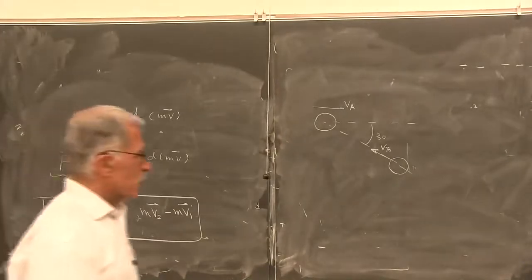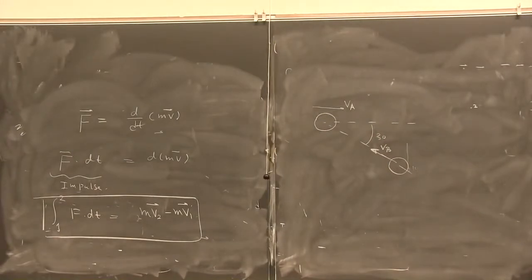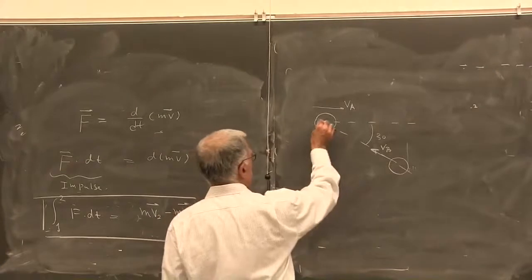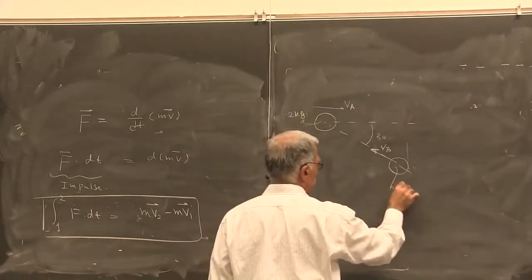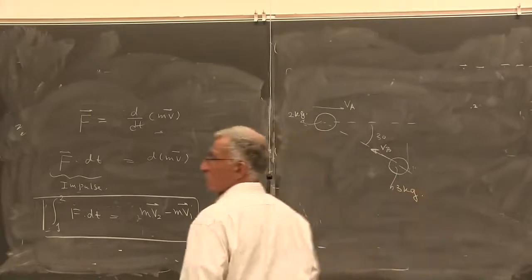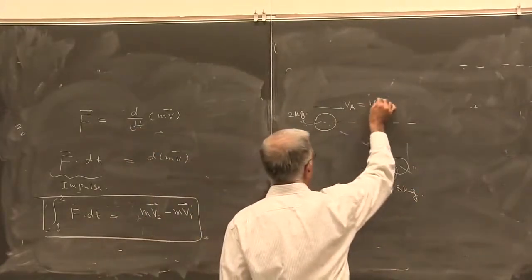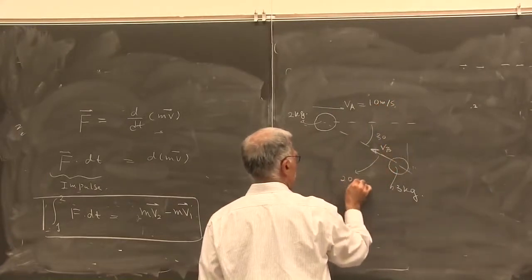The duration of impact is delta t. Let's say the mass of this one is 2 kilograms, the mass of this one is 3 kilograms. The velocity of this one is 10 meters per second, and the velocity of this one is 20 meters per second.